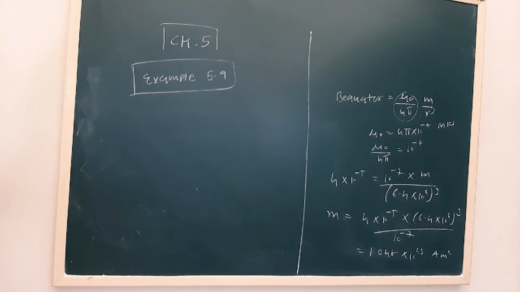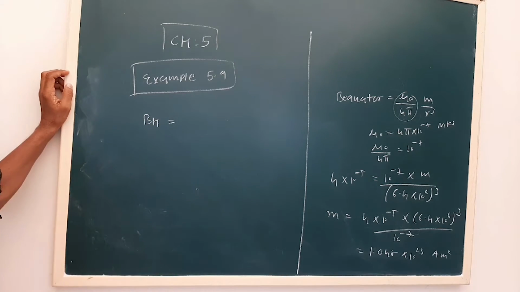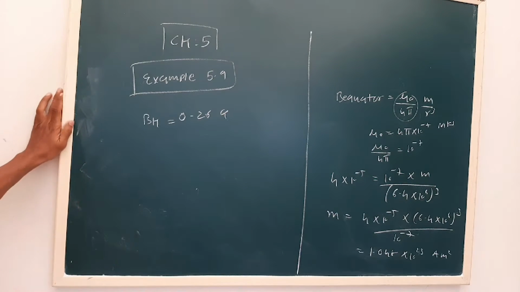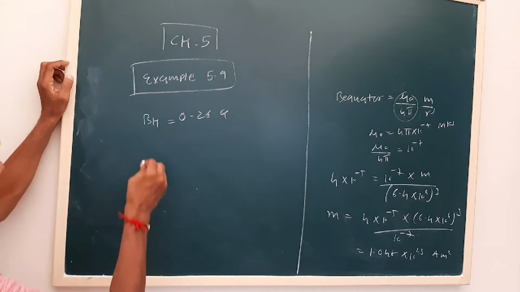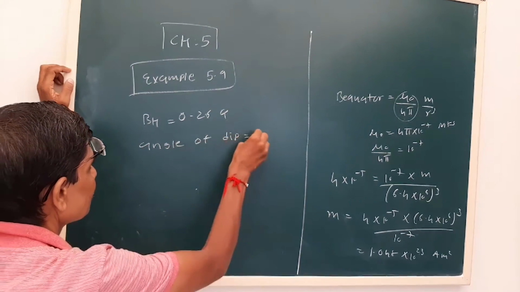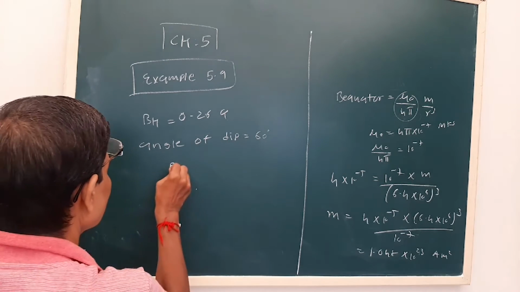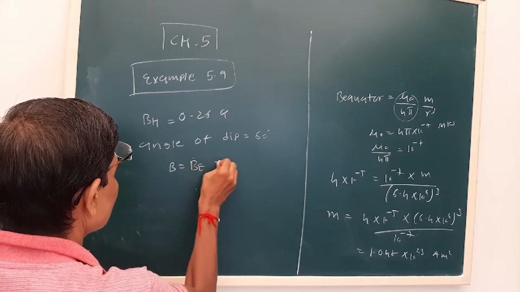At the magnetic meridian at a certain place, the horizontal component of the earth's magnetic field, BH, is 0.26 Gauss, and the angle of dip is 60 degrees. What is the magnetic field of the earth at that point, that is B or BE?